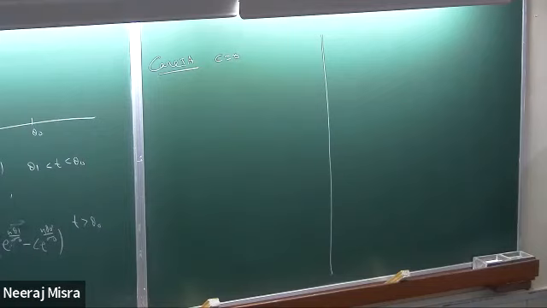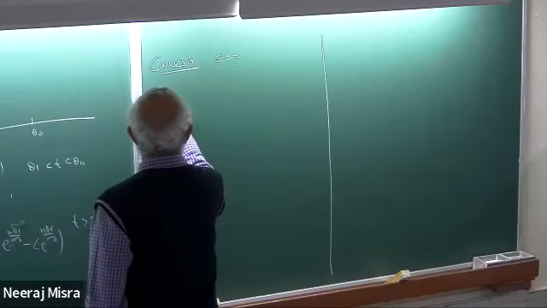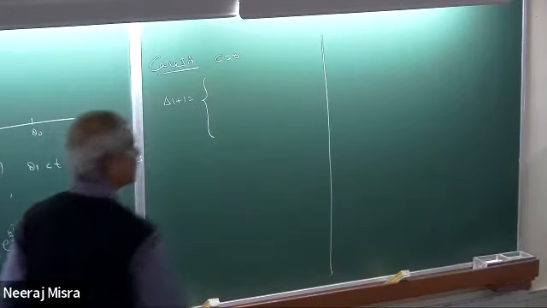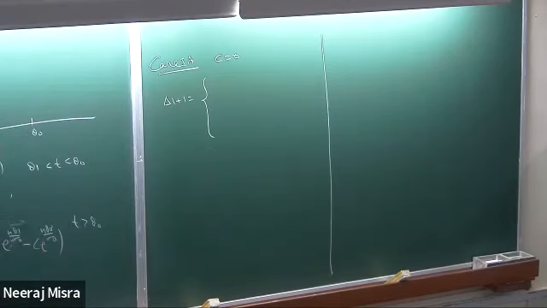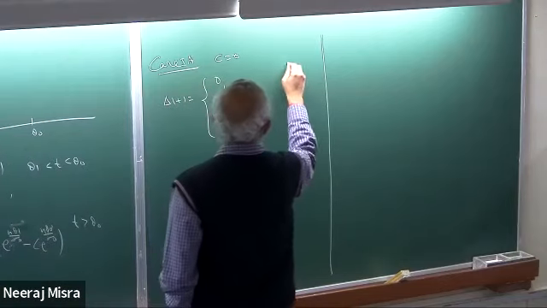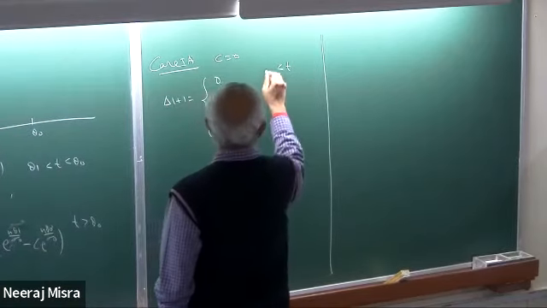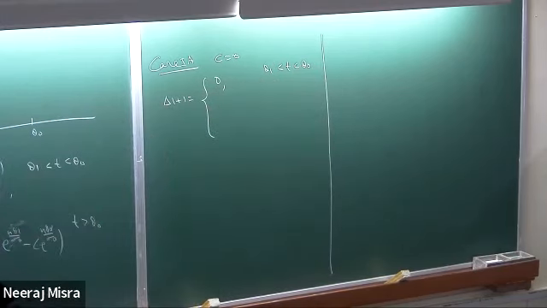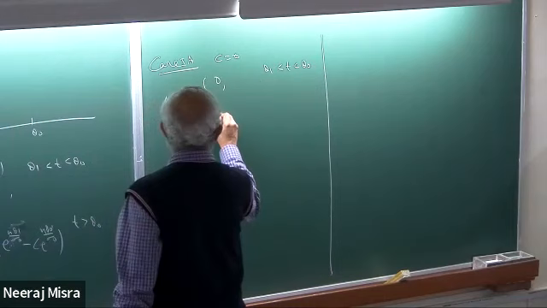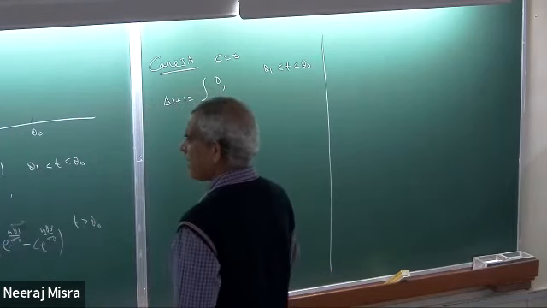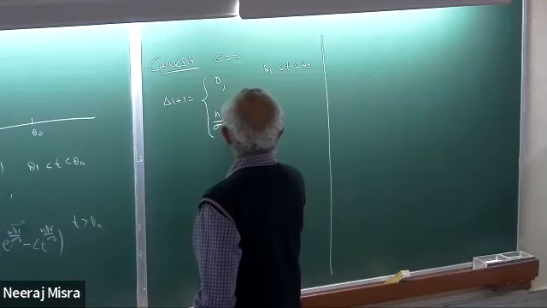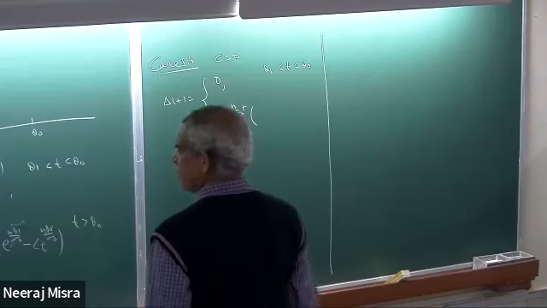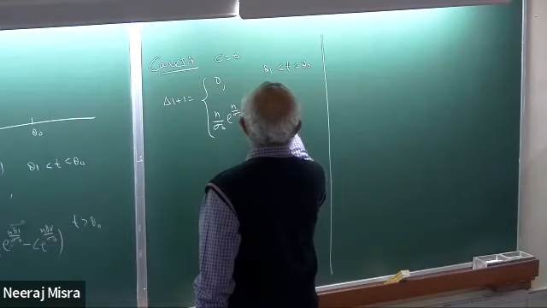If c is 0, then what does my delta t become? It is 0 if t is between theta 1 and theta naught. And otherwise it is this quantity, n by sigma naught e to the power n by sigma naught t e to the power n theta 1 by sigma naught.